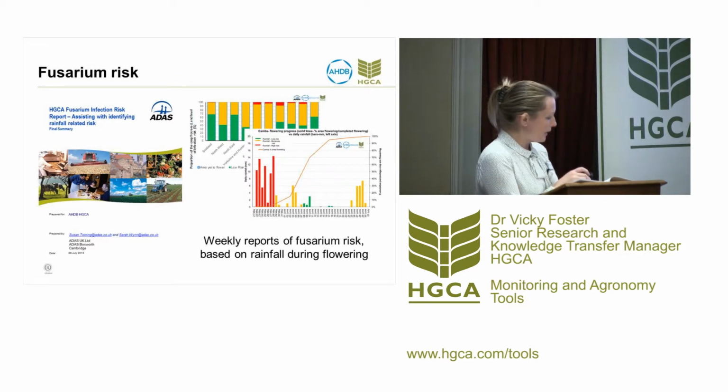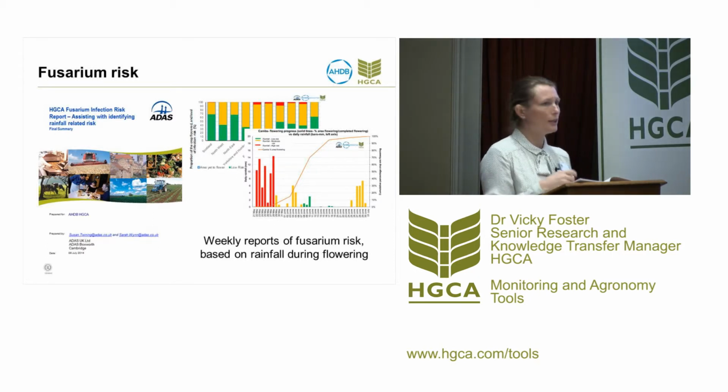And you can see that we get these nice little charts that we developed that have the flowering time against rainfall data, and we can categorize these into a high risk, a moderate risk, and a low risk, and this is set against the percentage area flowering in different regional areas. So again, this is something that we will continue to develop going forwards, and it has proved quite valuable.